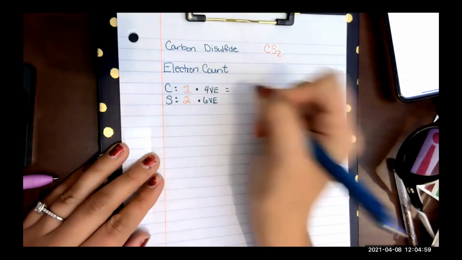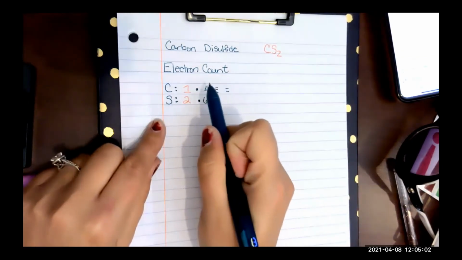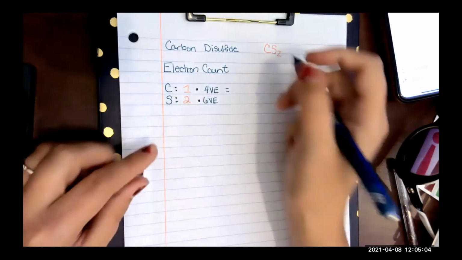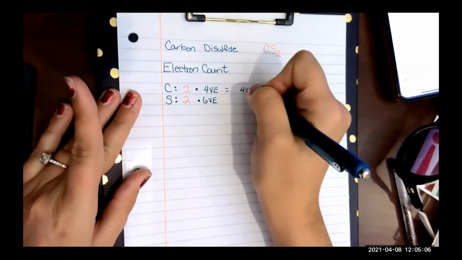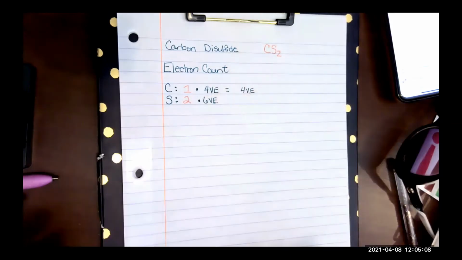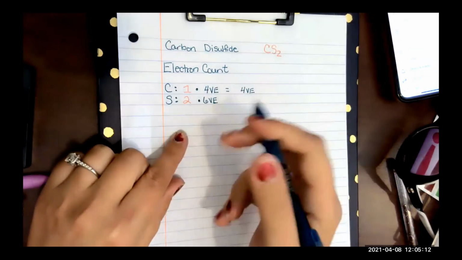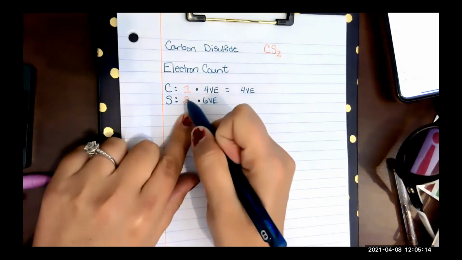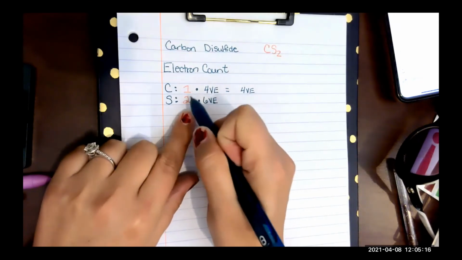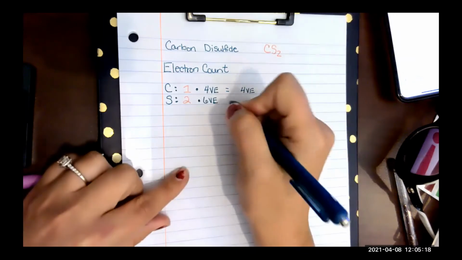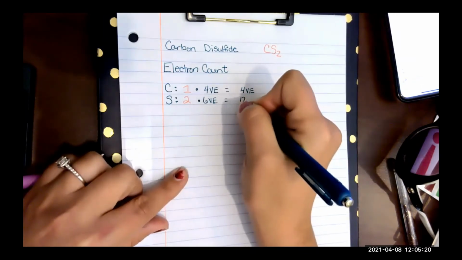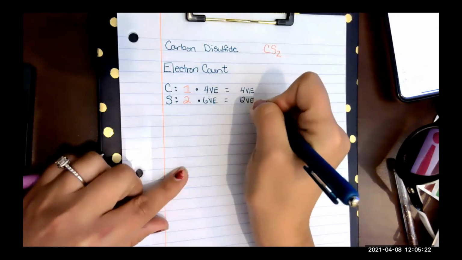So the total amount of valence electrons given by carbon is 1 times 4, which is 4 valence electrons. The total amount given by the sulfurs is 2 times 6, because for each 1 sulfur there are 6 valence electrons, so there's 2 of them, so you multiply it across. So you end up with 12 valence electrons.